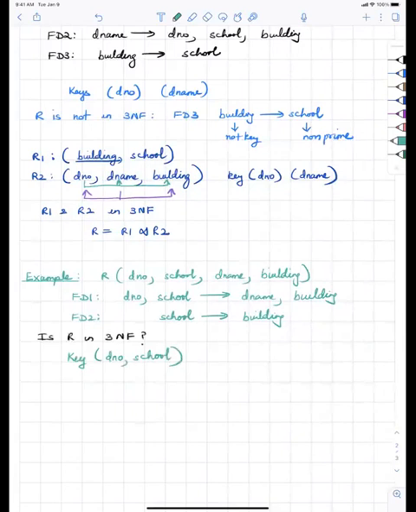So the question is, is this in third normal form? Let's look at FD2 because that's the one you have to look at. FD1 is perfectly fine, that's how we picked up the key. So we have the second functional dependency, that is school determines building.